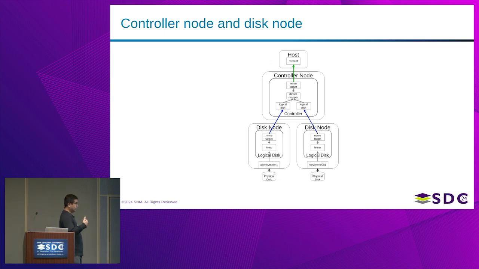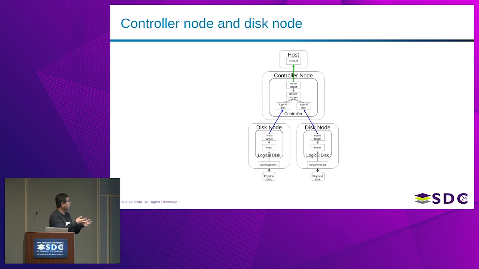Here we split the target server to two layers. One is controller node. Another is the disk node. So in this case, the disk node connects to the physical disk and export the disk to the controller node.